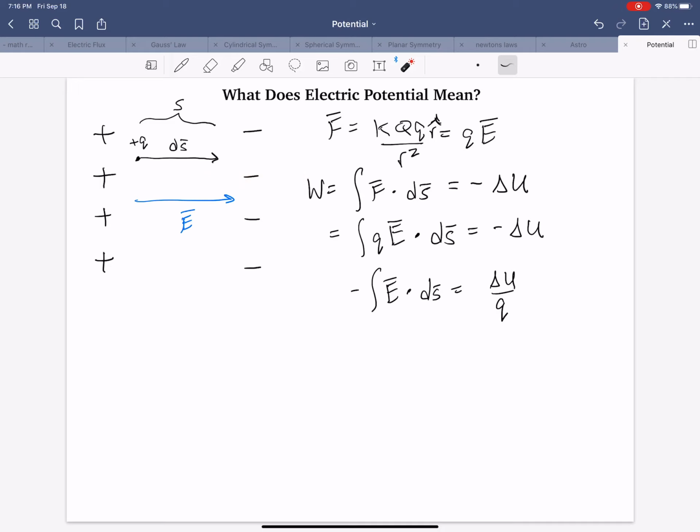Because when it starts here, it's further away, so there's a weaker electric force than over here. So the closer a particle is to the net positive side, the stronger the electric force, and thus the larger the initial potential energy.